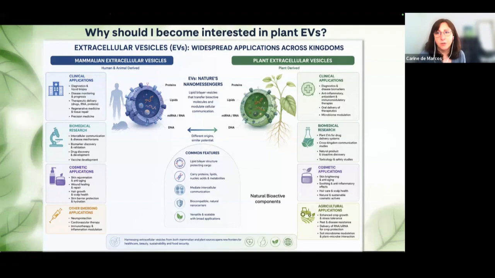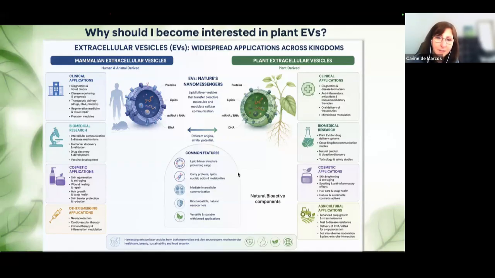All of you are working on extracellular vesicles, so I don't need to give an update on what vesicles are and the clinical, biomedical, cosmetic, and other emerging applications of mammalian extracellular vesicles. But you all know that plant extracellular vesicles are very similar to mammalian vesicles in terms of sizes, and in terms of, not the nature, but the fact that they hold RNA, DNA, lipids, and proteins, of course.